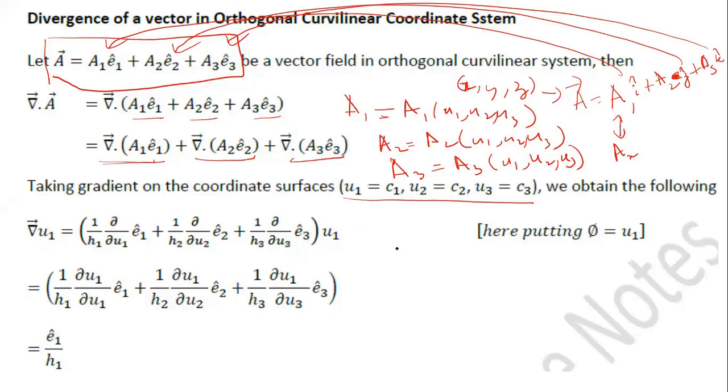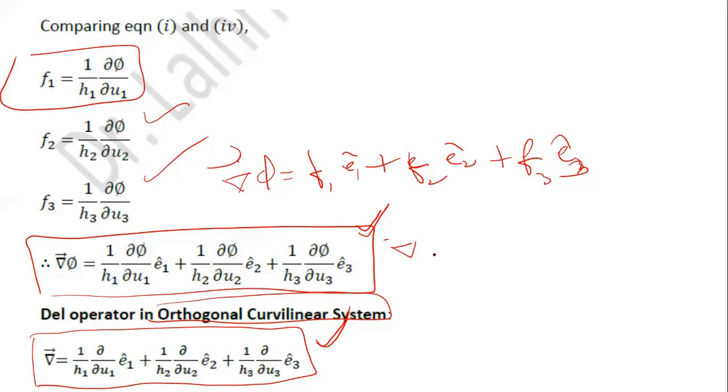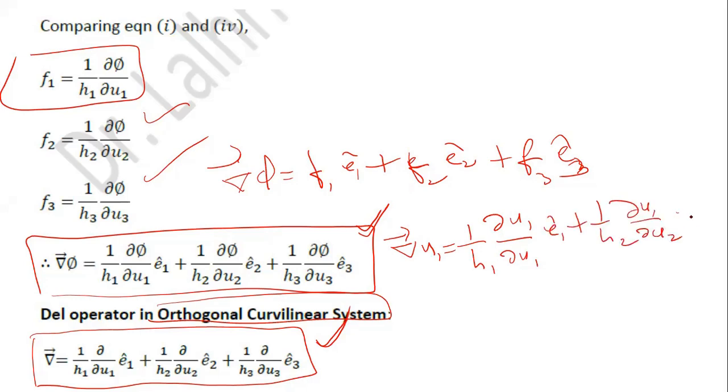Instead of gradient of phi, if you take gradient of U1, gradient of U1 will be 1 upon H1 del U1 upon del U1, E1 cap plus 1 upon H2 del U1 upon del U2, E2 cap plus 1 upon H3 del U1 upon del U3, E3 cap.